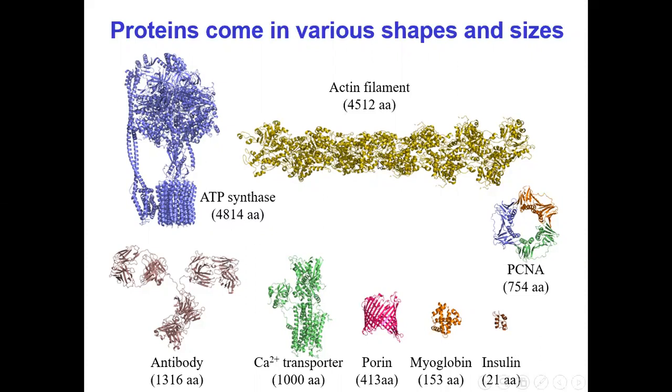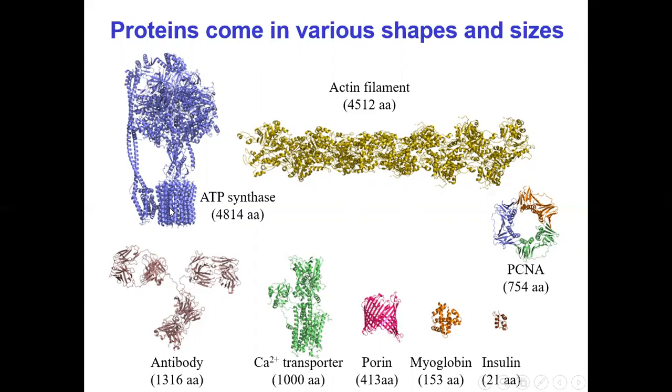We have the protein called actin, which forms long filaments, and these filaments build the cytoskeleton inside each cell, and also the long fibers inside muscle cells, which allow these cells to contract. We can also see that the different proteins are not only different in terms of their size, but they also have different shapes, like the barrel shape here, the star shape here, and the Y shape here.